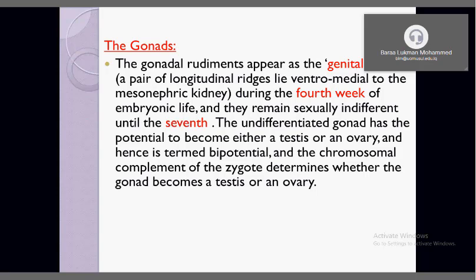This appears during the 4th week of embryonic life and later becomes differentiated after about the 7th week. The undifferentiated gonad has the potential to become either a testis or an ovary, and hence it is termed bipotential, because it can develop into one of two gonads, and the chromosomal component of the zygote determines whether the gonad becomes a testis or an ovary.